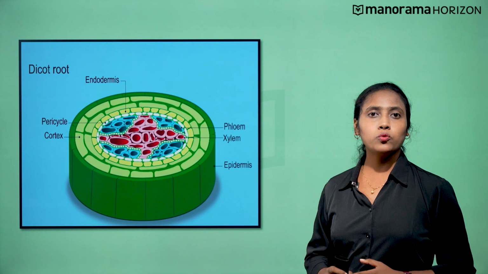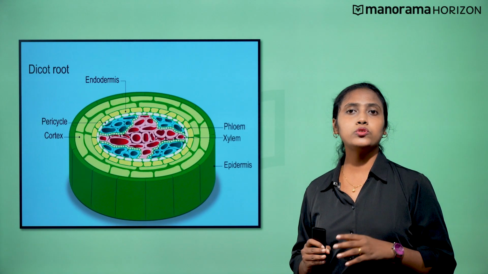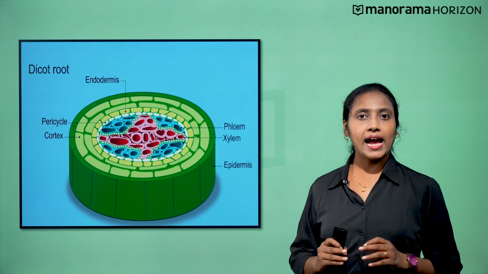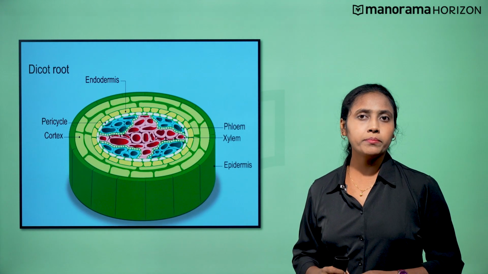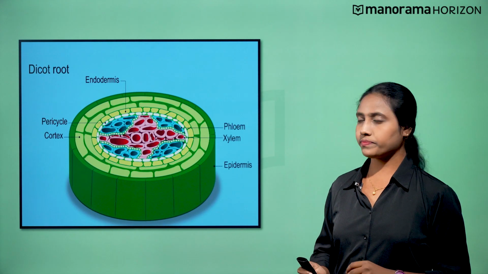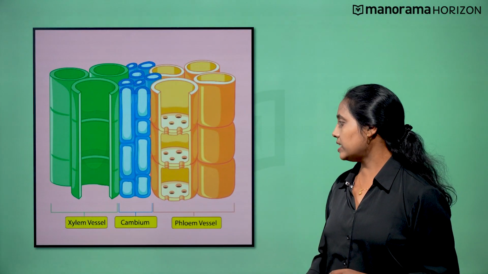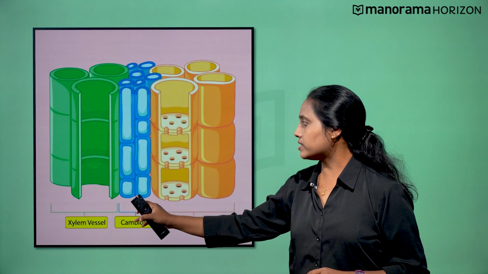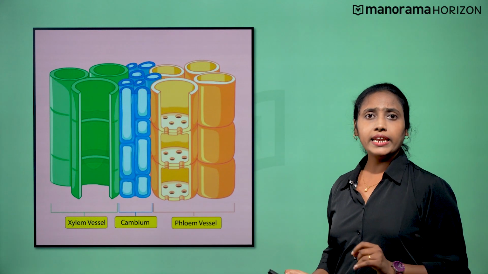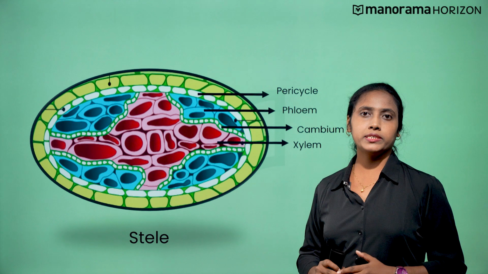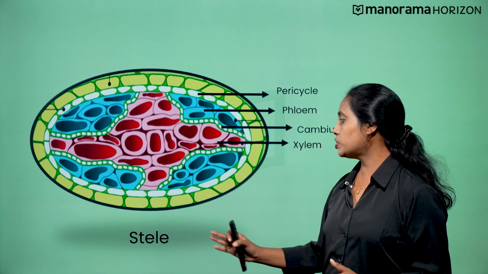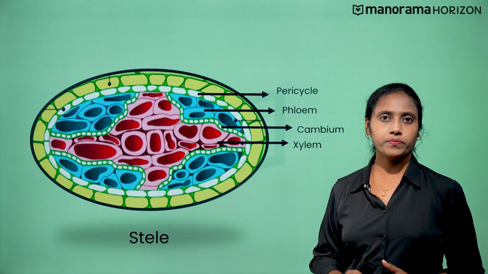A dicot root usually has 2 to 4 xylem and phloem patches, and later the cambium ring develops in between the xylem and phloem. As you can see in this image, the cambium ring has developed between xylem and phloem. The inner side of the endodermis, the pericycle, vascular bundle and the pith constitute the stele.